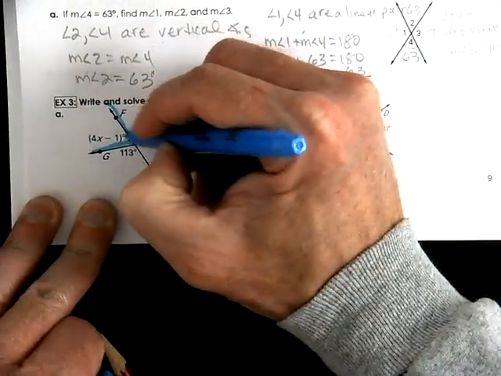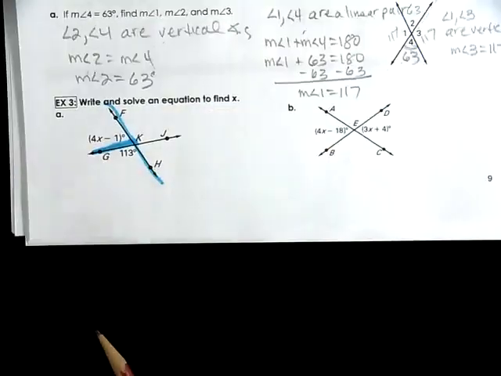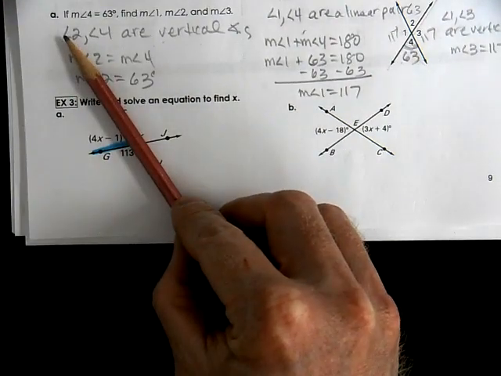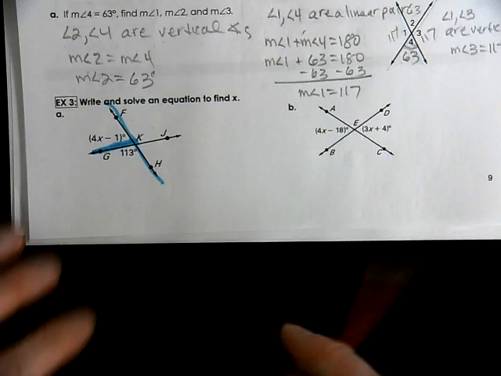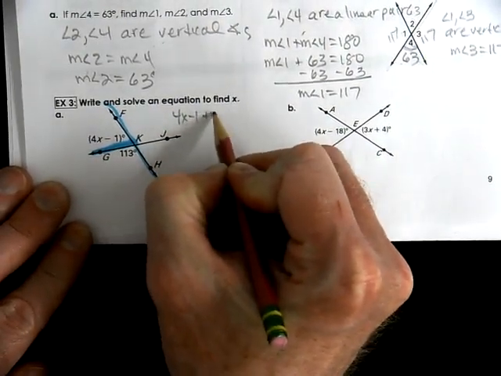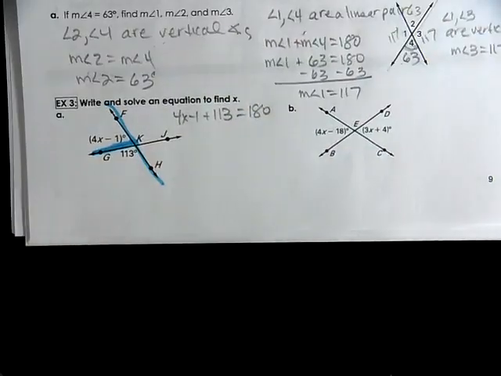This angle and this angle, do they make a big X? Not exactly. They make that straight line when you put those two angles together. So I know that 4x minus 1 plus 113 add up to be 180 degrees. They're side by side. They form a straight line.